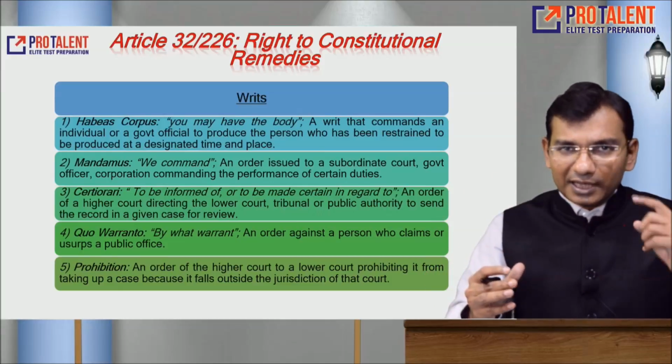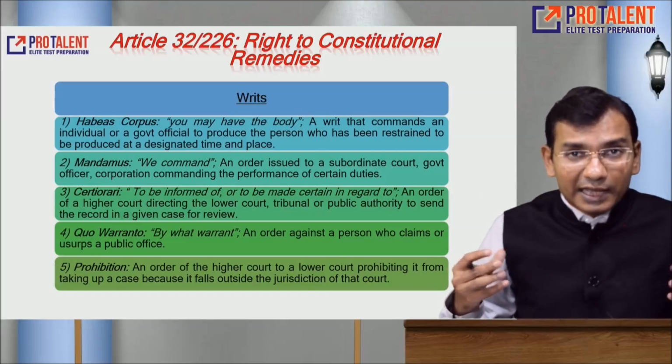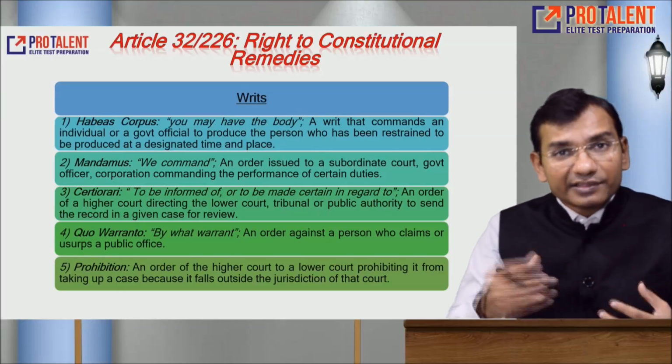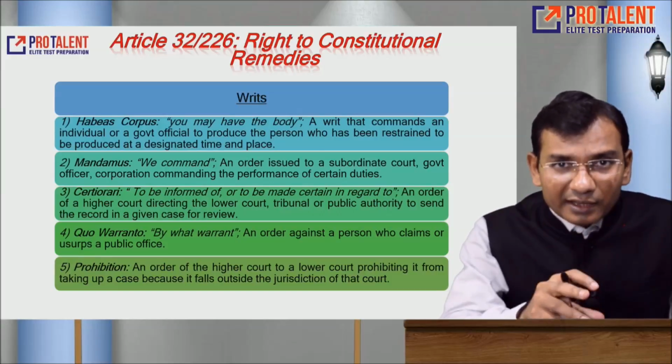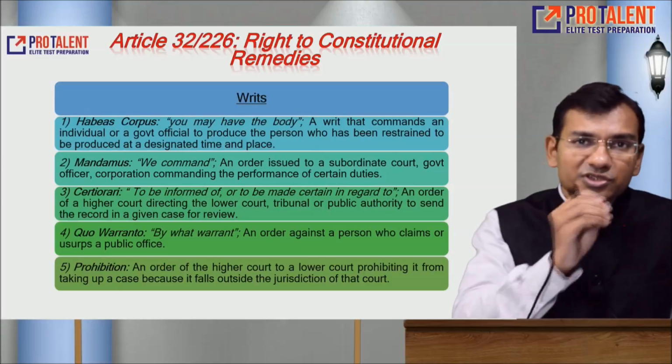For example, executive, legislature, judiciary, they have a lot of power, and in doing their activity, they may impact, or you can say disturb, or create some trouble to the citizens.